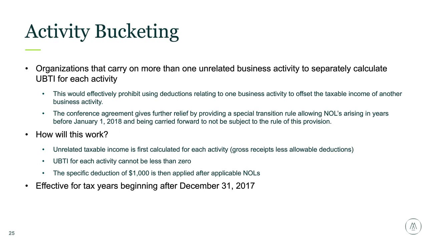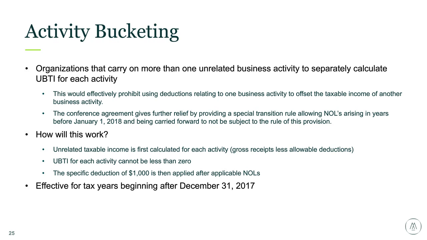And the partnerships, Lauren's going to go into that, because you could have multiple activities within your partnerships possibly. But what it's saying is income from one activity cannot offset the losses from another activity. You have to silo them and look at it separately.